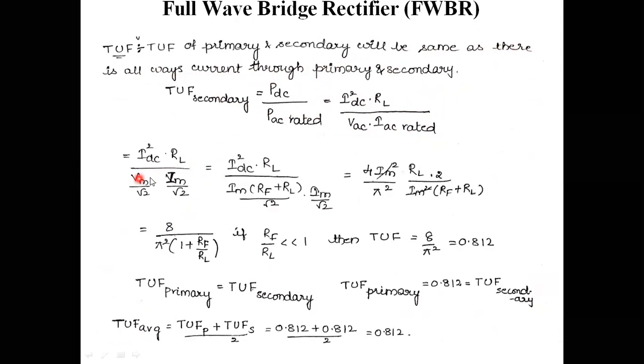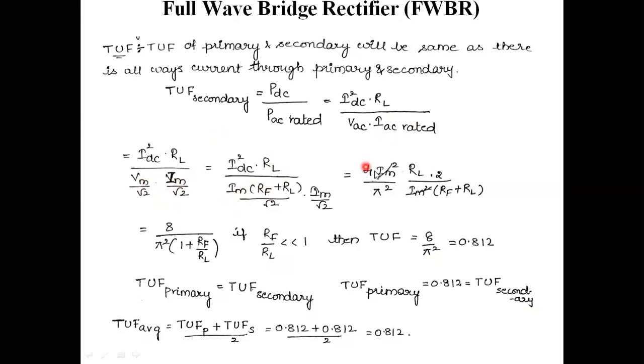Writing those formulas in the other notation form, that is IDC square into RL by VAC into IAC rated. IAC rated means RMS values, Vm by root 2 into Im by root 2. And IDC square, by substituting those values, Vm means Im into RF plus RL by root 2 into Im by root 2.